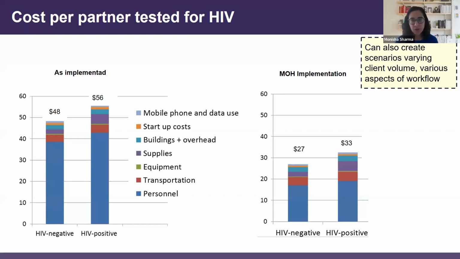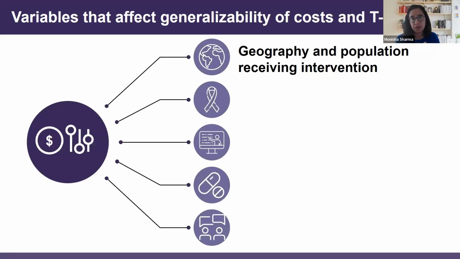Okay, so some of the variables that affect costs and time and motion observation are the geography and the population receiving the intervention. So if you are in a certain area where the population might need more outreach, that might change the actual costs and the time it takes to administer an intervention.